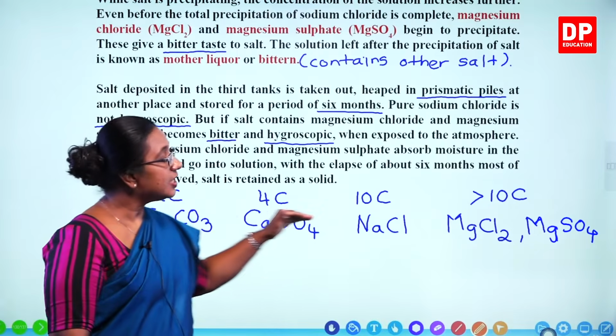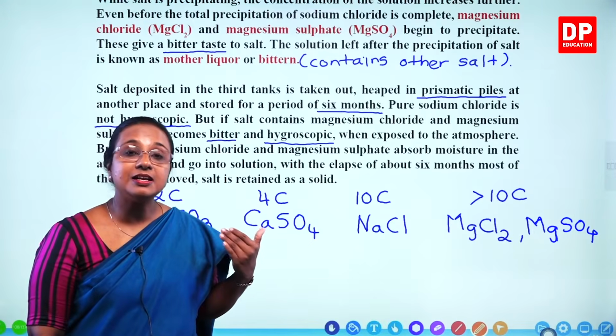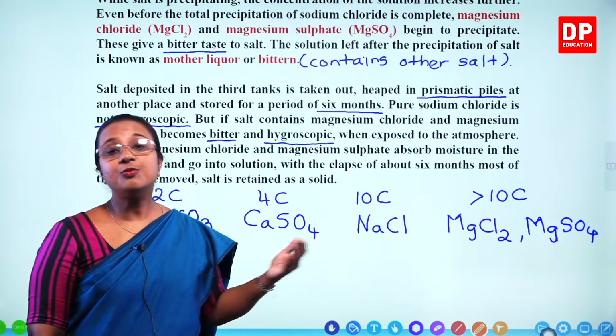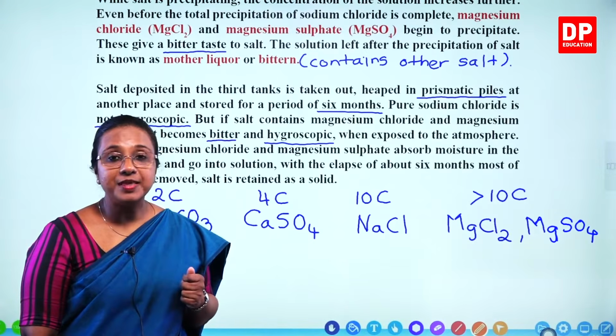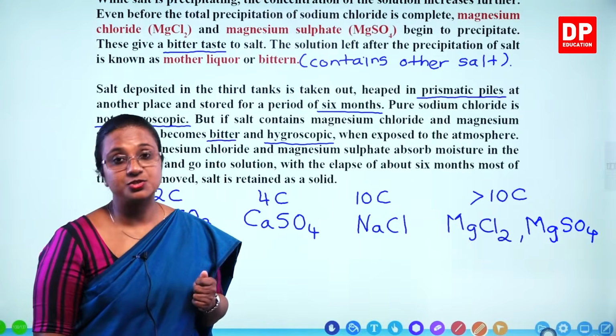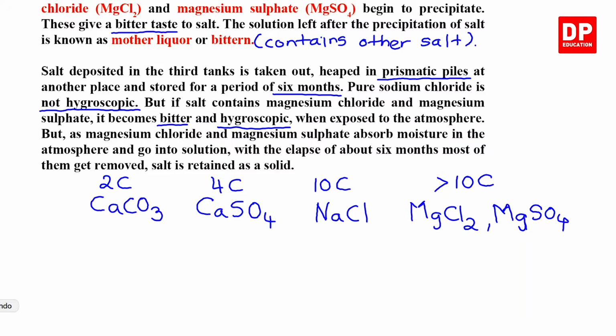So this precipitation order is directly related to the solubility of these compounds in water. That is something that you have to remember, students. So here if I write solubility in water, calcium sulfate is more soluble.